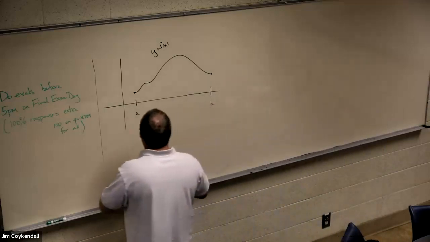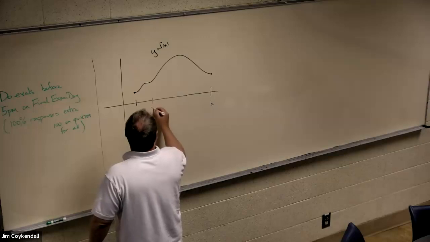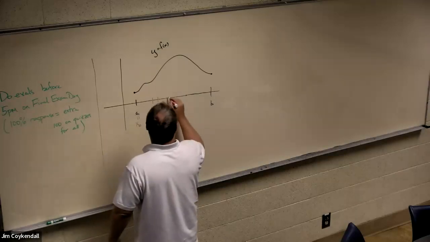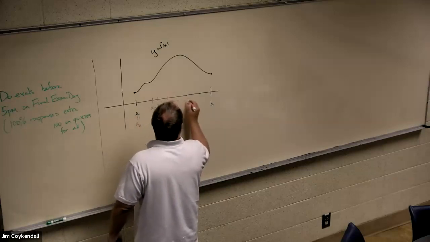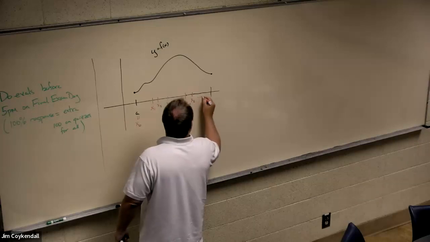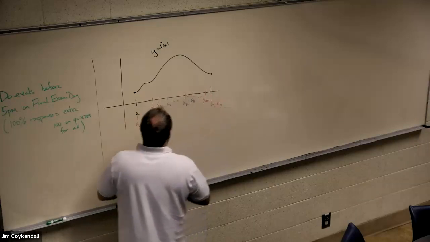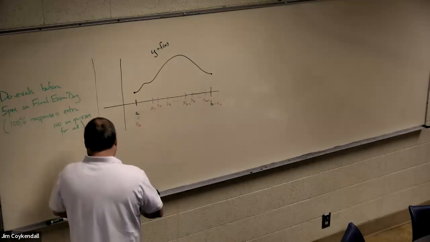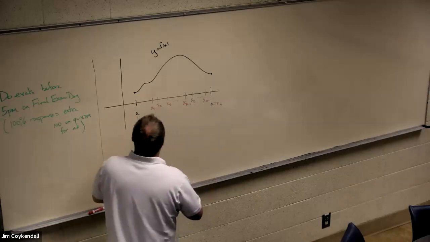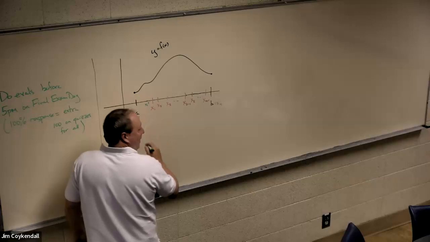Now we have this thing called a Riemann sum. What we do is we partition the interval, that means break it up into vertical pieces. And for every piece that we slice this up into, pick a little test point. Call this x1 star, and that's my test point.